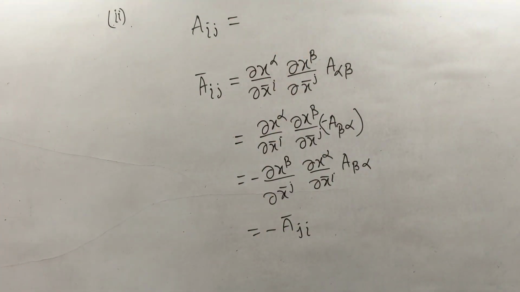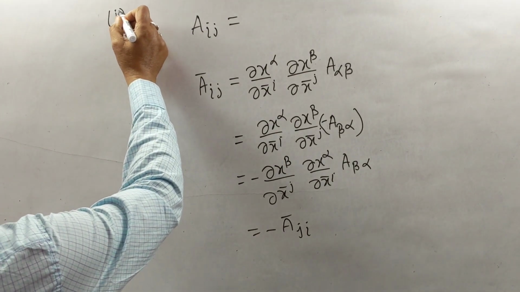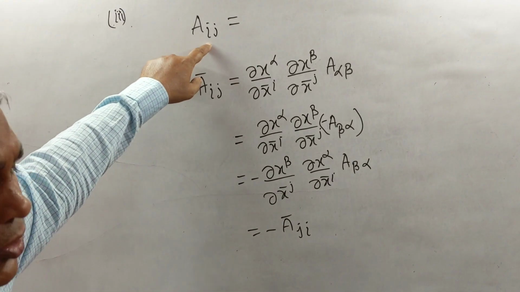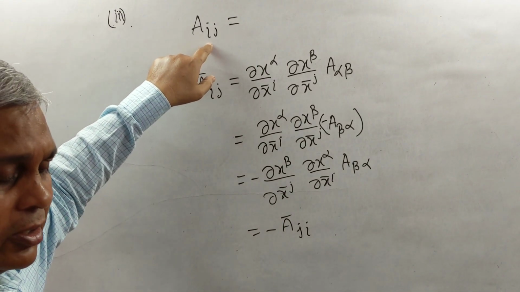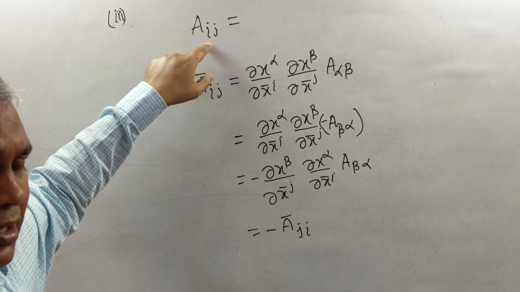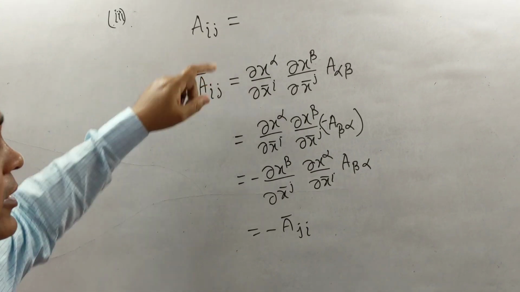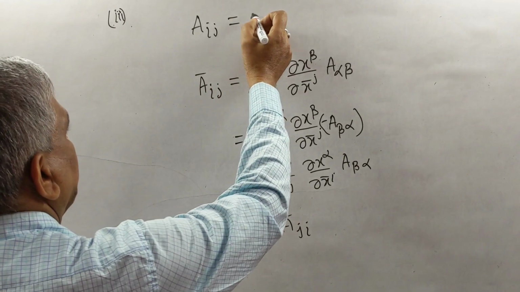Number 3. Let A ij be a second rank tensor in X system of coordinates. Let A ij equal to 0.